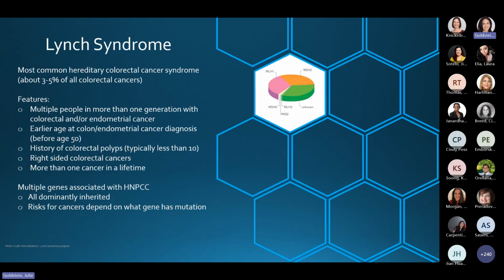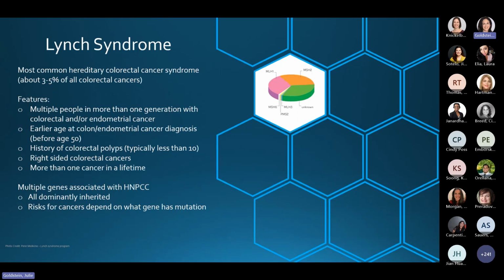Right-sided colon cancers. So if you remember at the very beginning, I was showing the ascending colon and said that's the right side of the colon. And I'm speaking very generally, so there are always exceptions, but the right side of the colon typically is not where sporadic cancers develop.